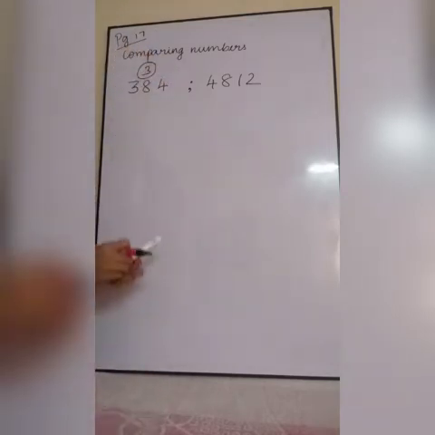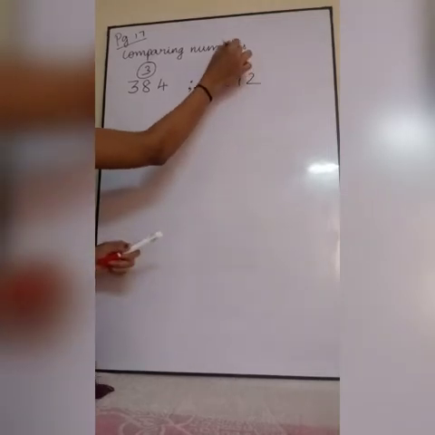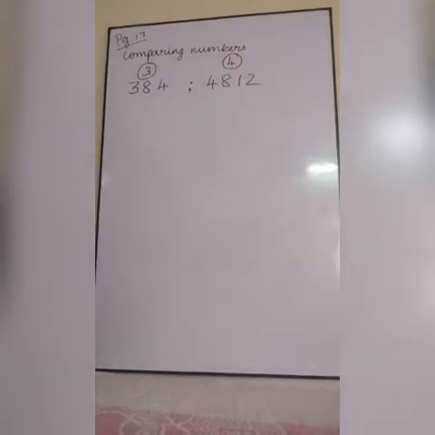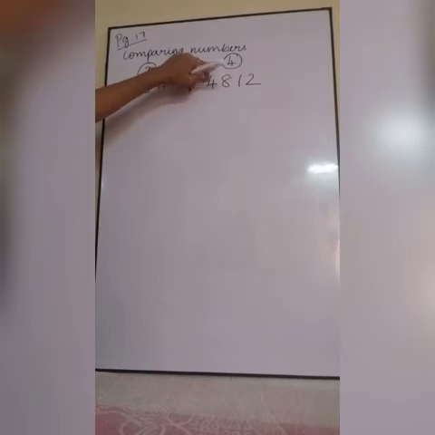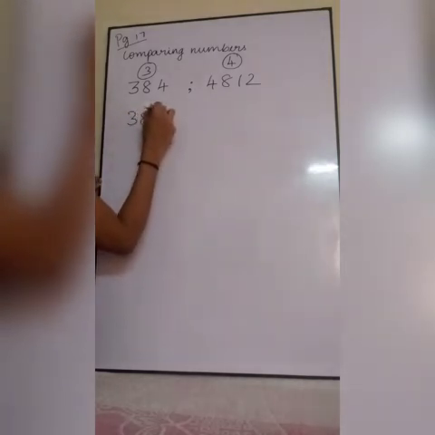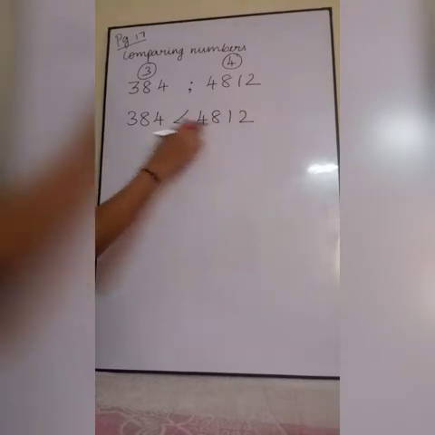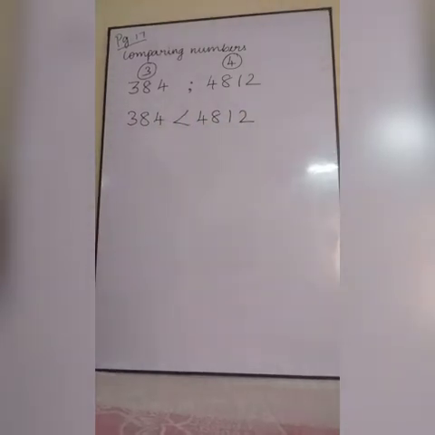For this how many digits are there? 1, 2, 3, 4. So the number which has more digits is the greater number. Okay, so obviously 4812 is greater than 384.